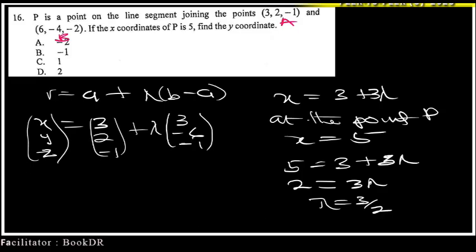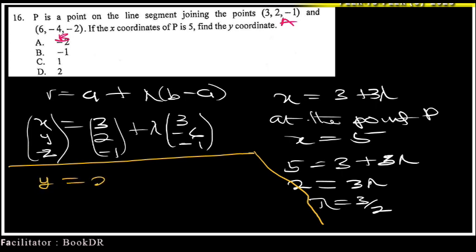Since we are supposed to find the y coordinate, we'll pick the y line: y is equal to 2 minus 6 lambda. Now we know the value of lambda, so minus 6 times 2 over 3. Sorry, this lambda should have been 2 over 3, not 3 over 2. Let's do the correction.